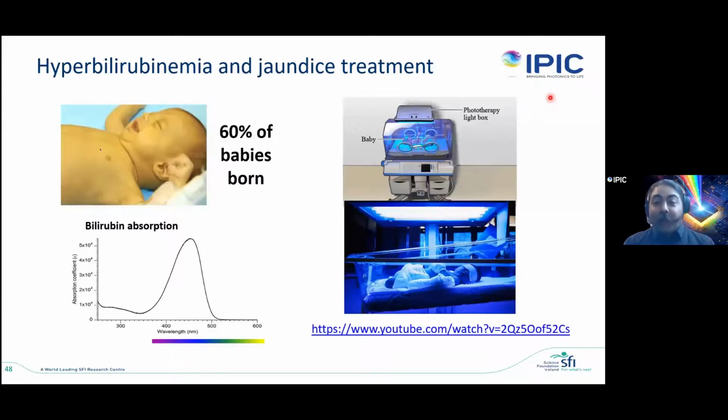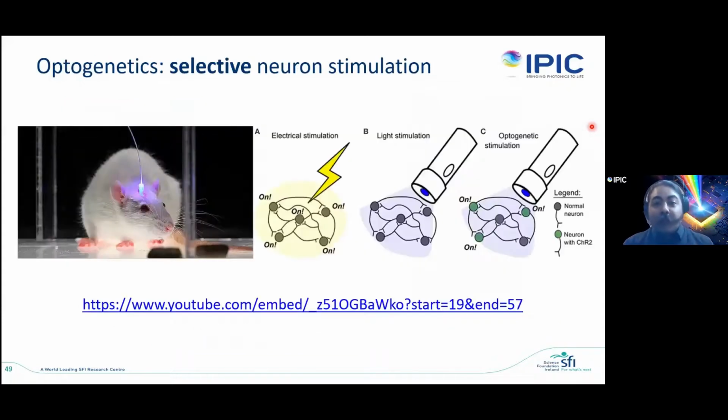Yes, so we can also use the specific absorption from each of the constituents, but even external constituents that we can induce cells to produce, to stimulate and inhibit certain types of cells to behave how we want. For example, this is used in optogenetics to stimulate and inhibit certain types of neurons. Usually in electrical stimulation and light stimulation, we will stimulate or inhibit all the neurons in a certain region.